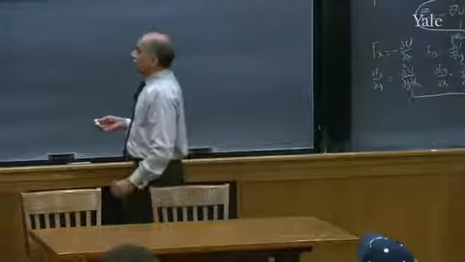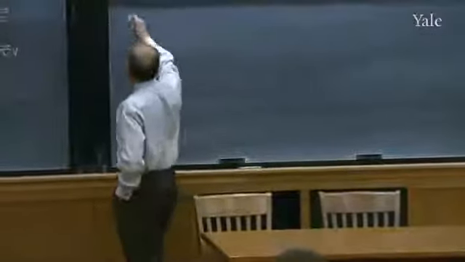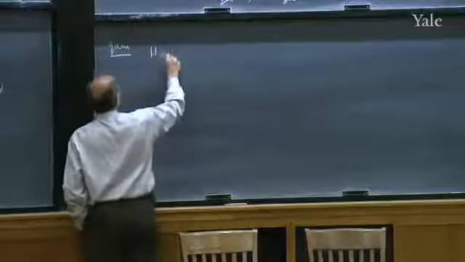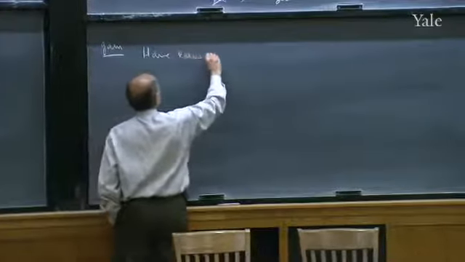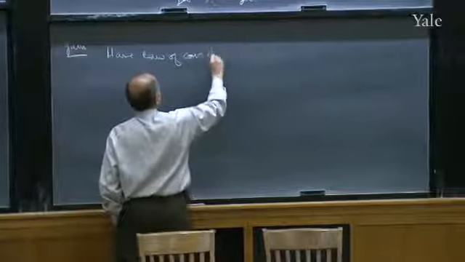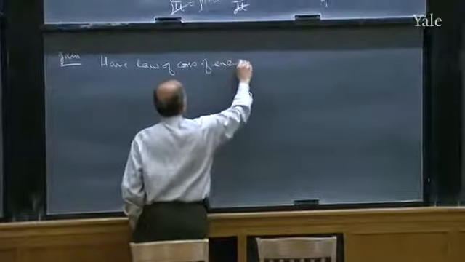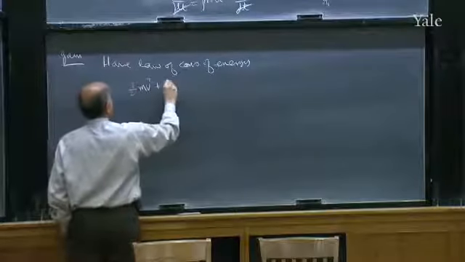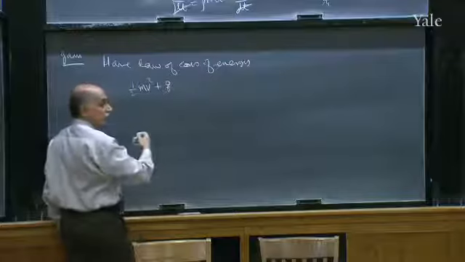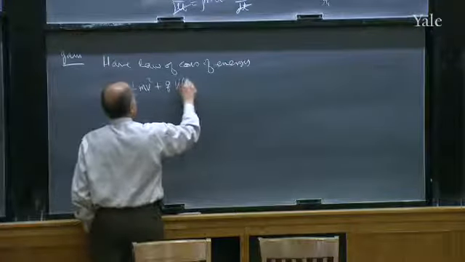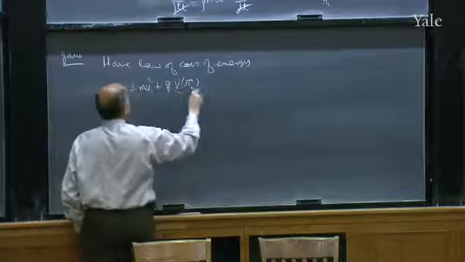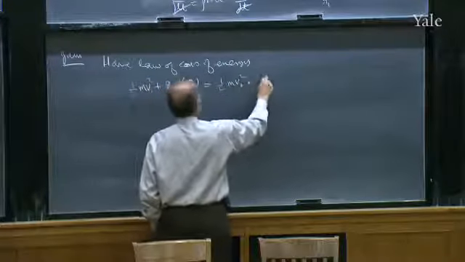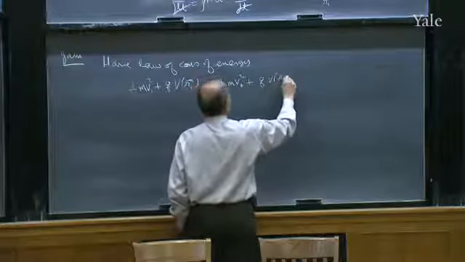So what have we got so far? Our gain is the following. We have a law of conservation of energy, which is the following: 1/2 mv squared plus q, the charge of the body you're interested in, times V at the point R1, is equal to 1/2 m v2 squared plus q times V at the point R2.